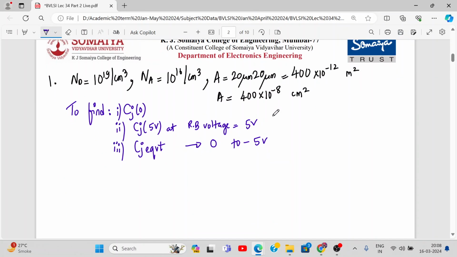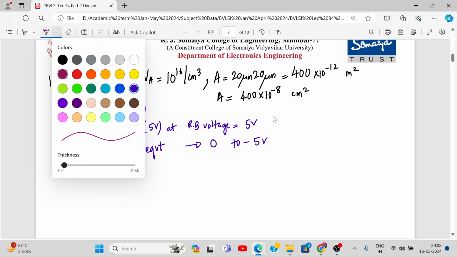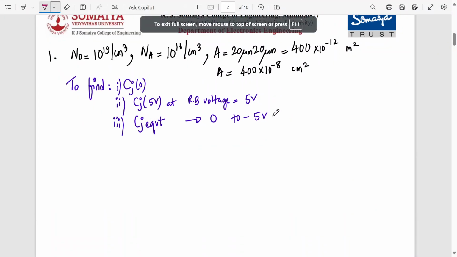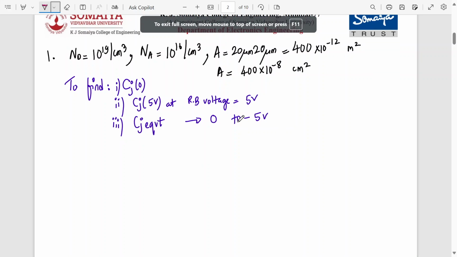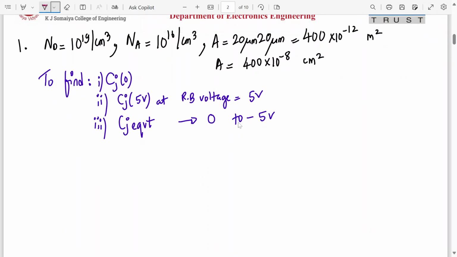Okay, so we must know few constant values. So which are the constant values? We'll write down over here. Before proceeding ahead, we should know some constants. These constants are, we'll write down, assume epsilon of silicon will be, basically 11.7 into 8.854 into 10 raised to minus 14, which comes to be 10 raised to minus 12 only.